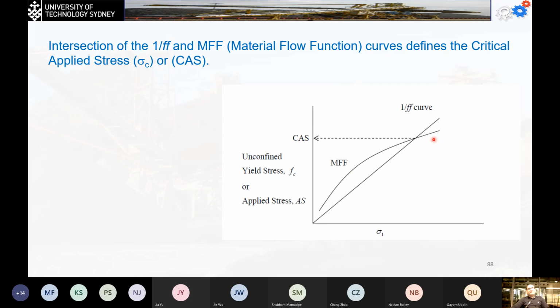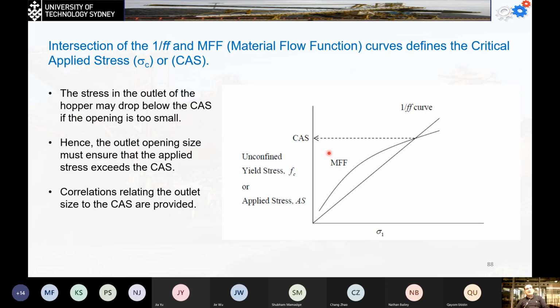We sketch the MFF, and we use the value of the FF from the previous chart, and we sketch the line starting from the origin. The intersection point between them gives me the value of the CAS, once again the critical applied stress, which is very useful to decide the minimum stress required to start the material moving within the system.